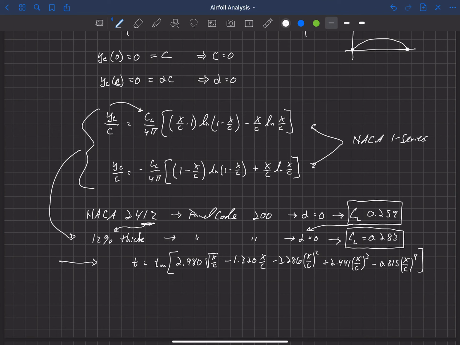And the reason for that is because we've used a camber line development here. This equation came from thin airfoil theory. So it was assuming an infinitely thin airfoil.